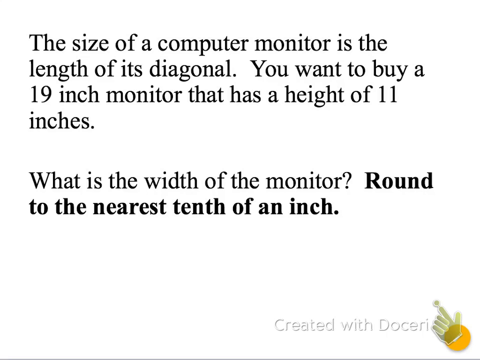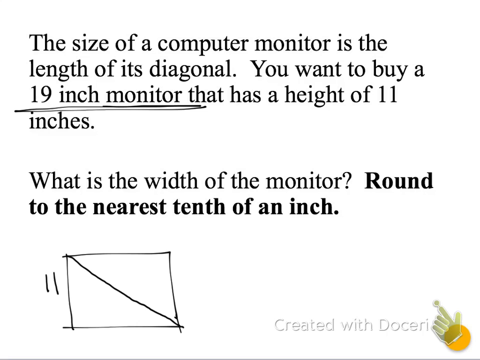The size of a computer monitor. So here's my computer monitor. The size of the computer monitor is the length of its diagonal. You want to buy a 19-inch monitor that has a height of 11 inches. So we know our height is 11 inches, and it says 19-inch monitor. So the size of it is going to be its diagonal. So this is 19. So I'm going to do 11 squared plus, let's say this is b, b squared equals 19 squared.